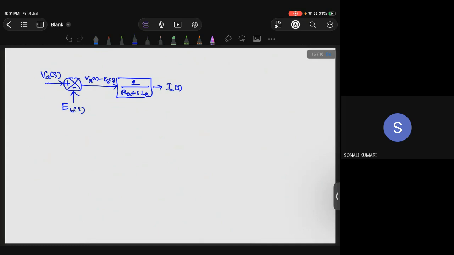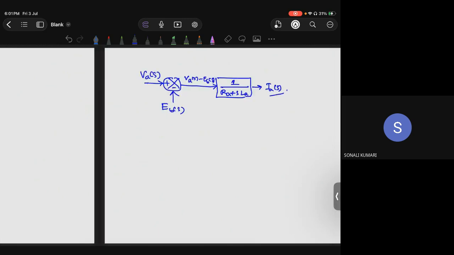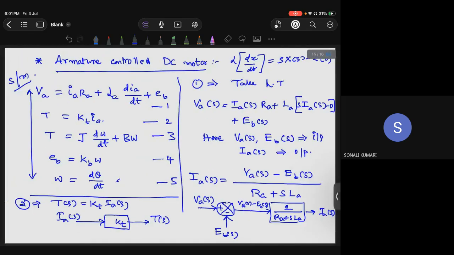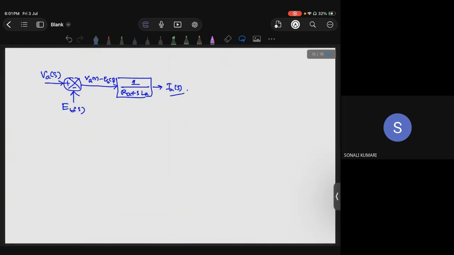Now you can see in this system, the output here is IA of S. Look for the second block. The second block has IA as input, correct? So take that system and connect it here.